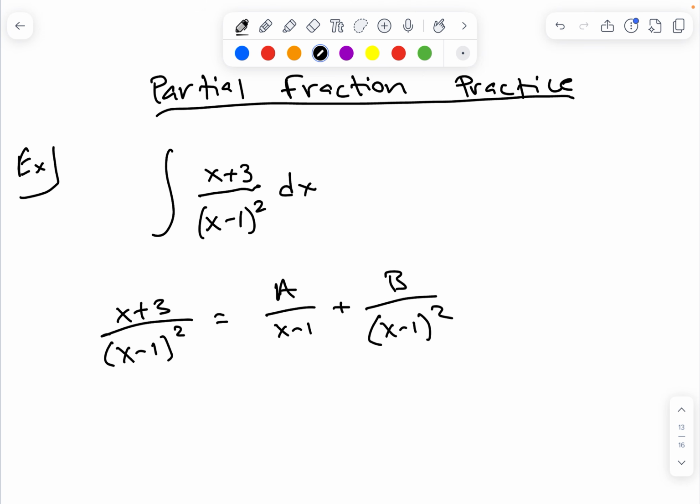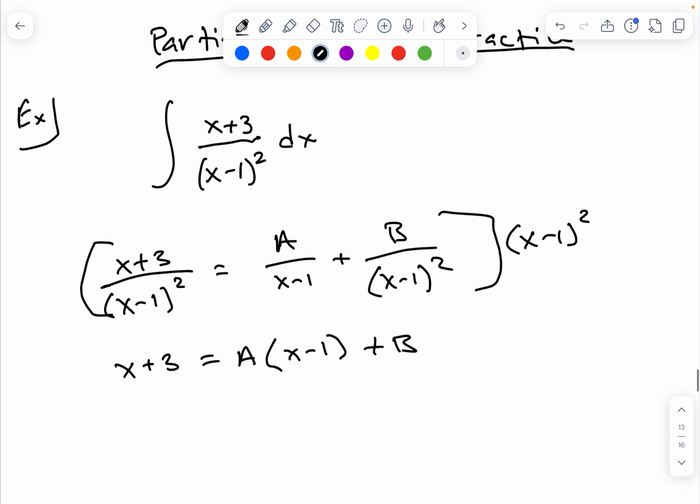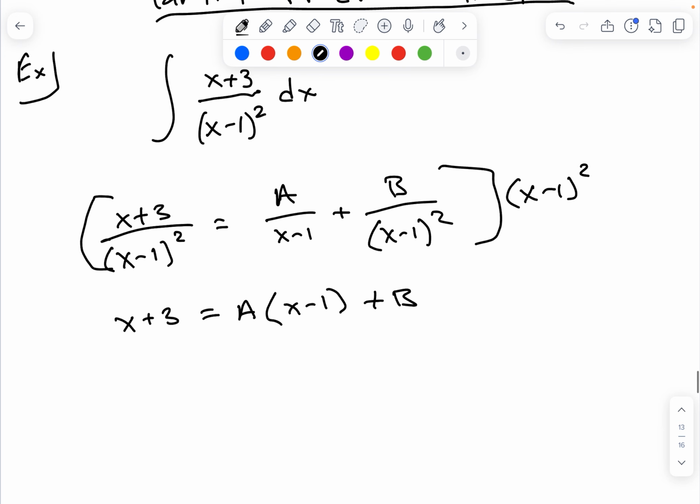So I'm going to multiply both sides by x minus 1 squared. And this leaves me with x plus 3 is equal to A times x minus 1, because one of these leaves, plus B. All right, now I want to rearrange this so that the right side is the same form as the left side.